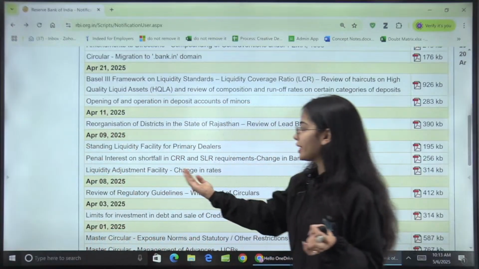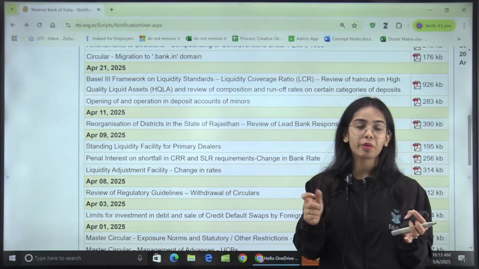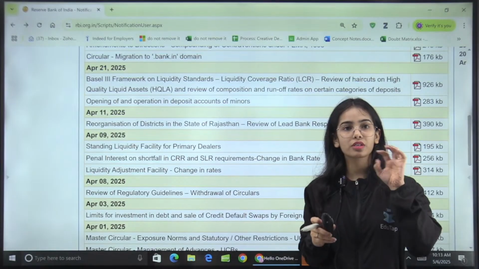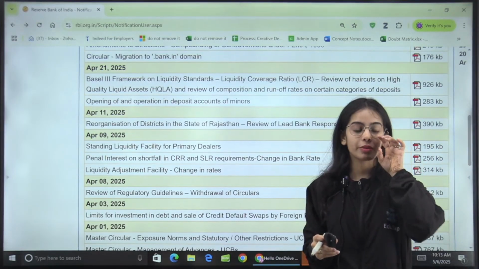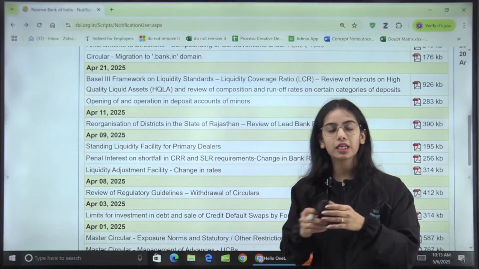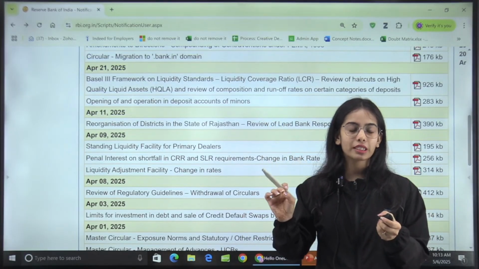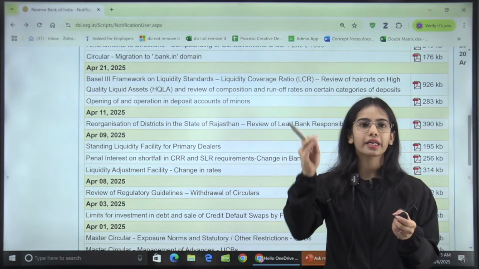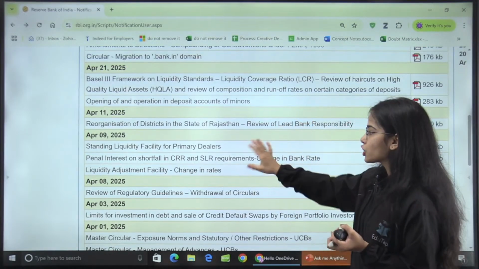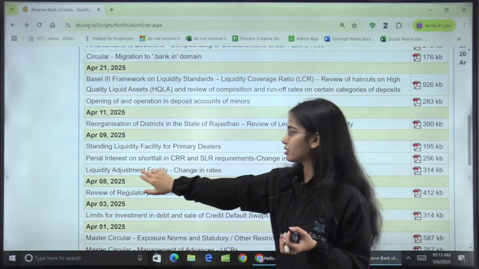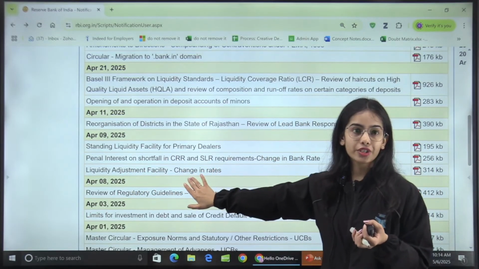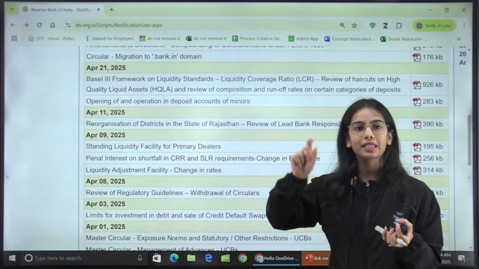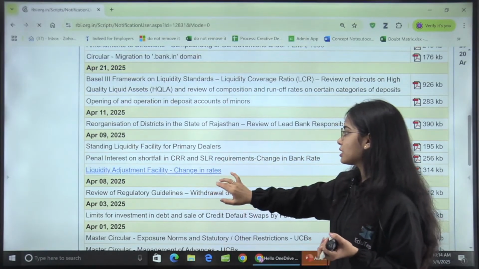Next is liquidity adjustment facility change in rate. I hope you remember that there were changes in rates announced in the monetary policy statement, that the repo rate has been decreased by 0.25%, and with that the MSF rate and bank rate were also decreased. So the liquidity adjustment facility rates have changed.